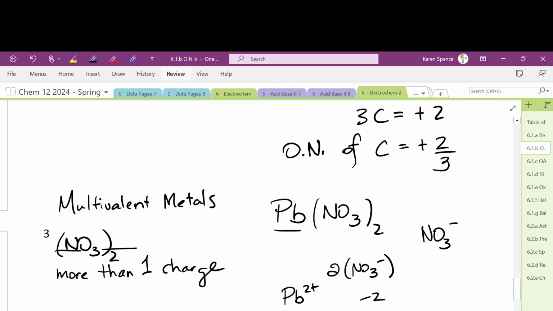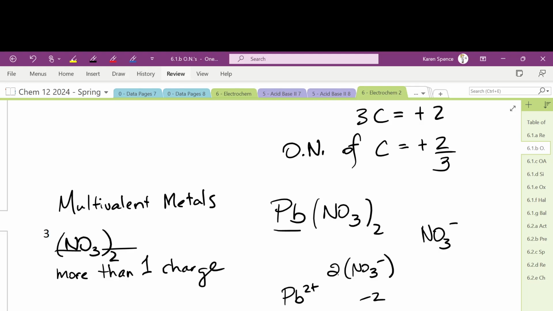And what time is our class over today? It is over at 48? 46. 46. So we have about 10 minutes left. Why don't you do some of the oxidation number questions, and then your homework for the weekend will just be to do your practice quiz and study for your test.